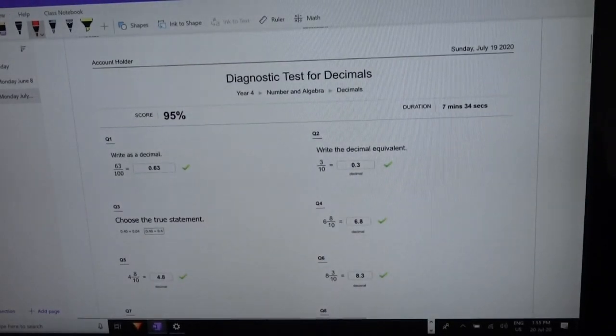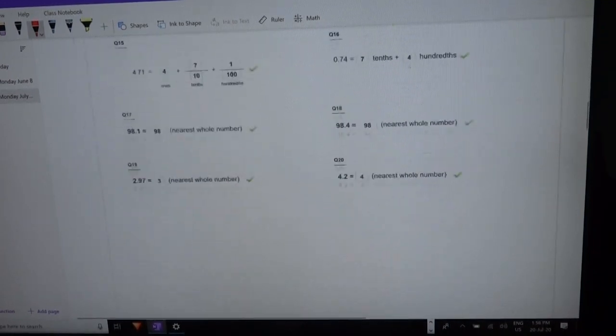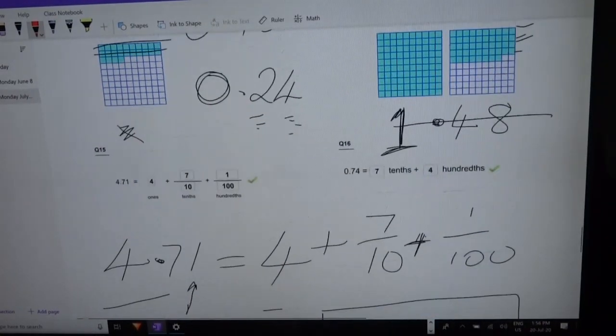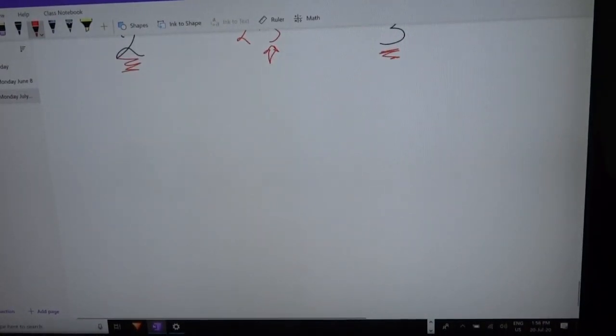So Heidi, I've gone through the diagnostic test and tried to show you, using this limited technology, to see whether this revision, I suppose, helps you. You should have access to, and I've sent it to Mum, the OneNote. Now, my understanding is that the things that I've been writing on it today and previously should be visible on your copy. So what I'd like you to do is text me or send me your email address.